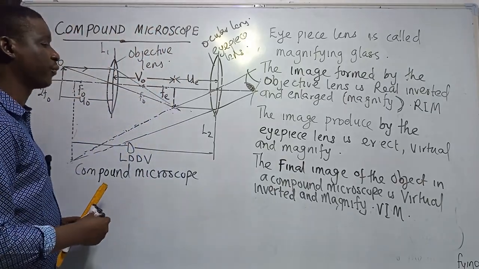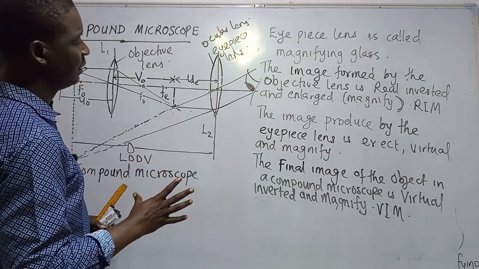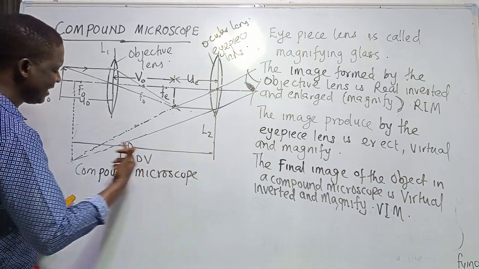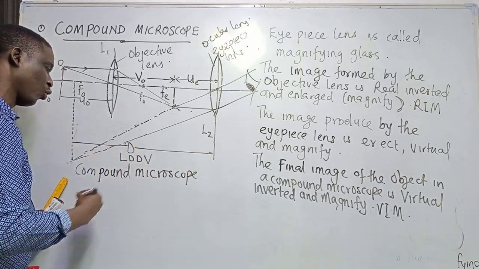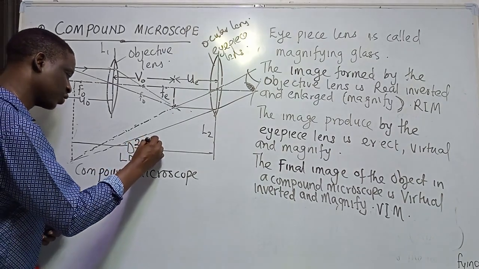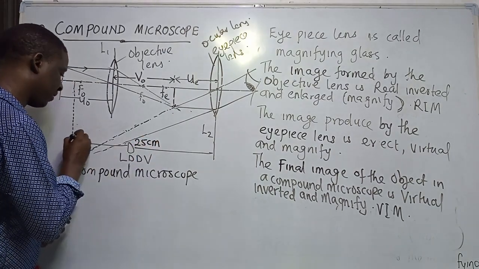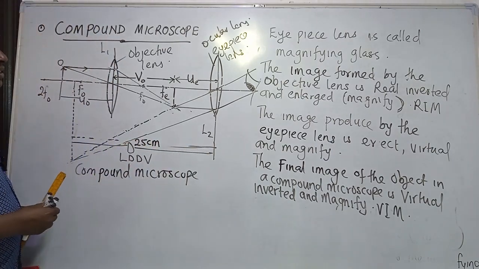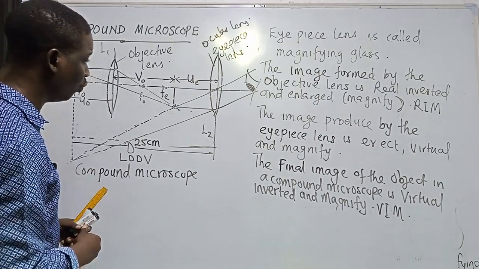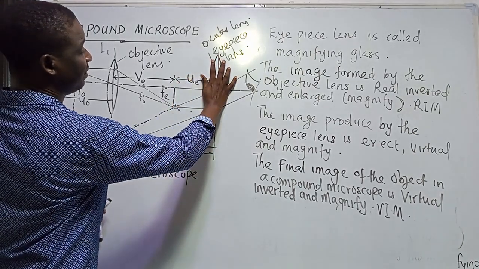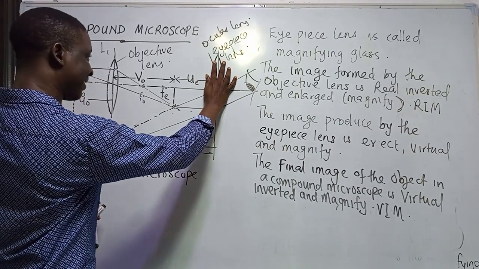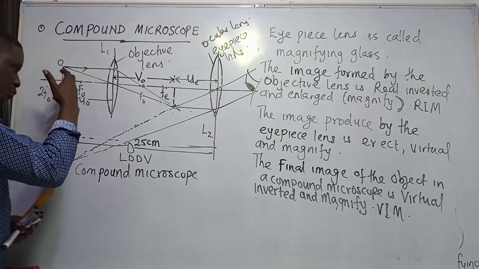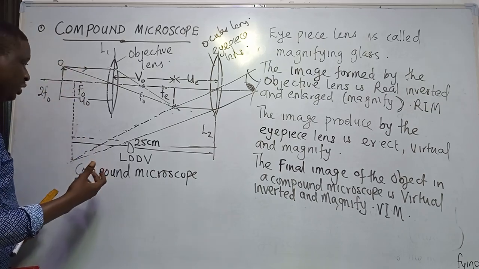Now let's go to the final part of this. Don't forget this setup, that the final image is at the least distance of distinct vision, 25 centimeters, from this place to this place. I told you that this one is the magnifying glass, because it's the one that magnifies the final image.